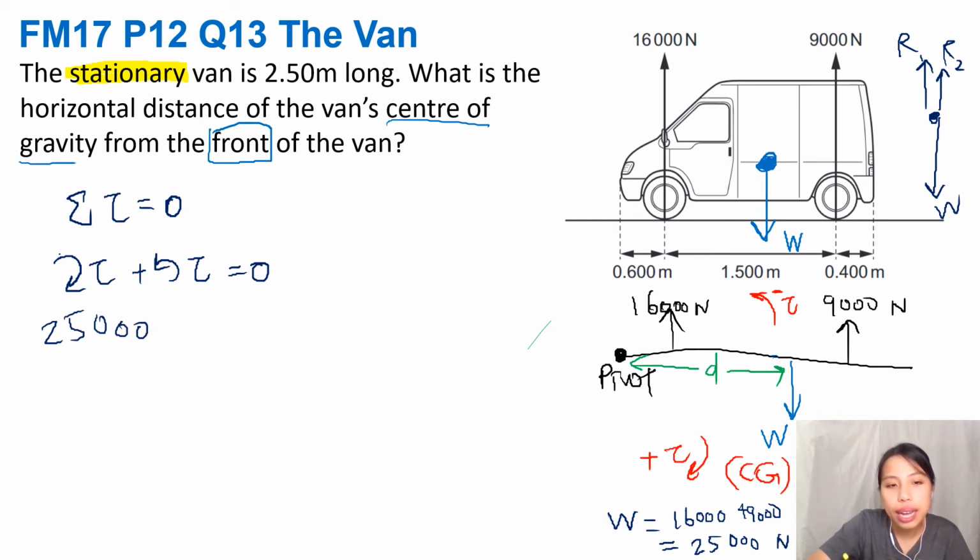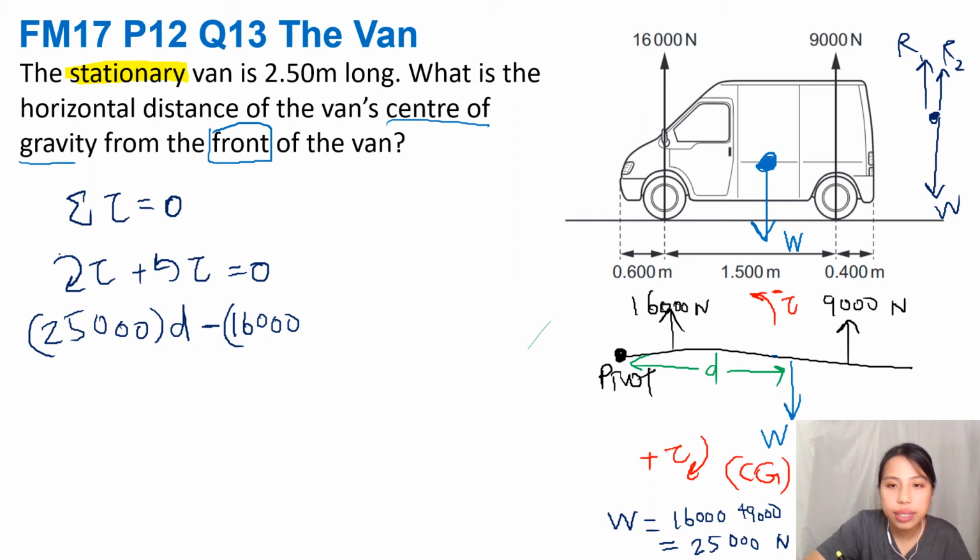So 25,000 times, what's the distance? We don't know, we're trying to find that. Okay, D. Plus, and the other ones are going to be minus. So minus 16,000 times, let's put the times in brackets.